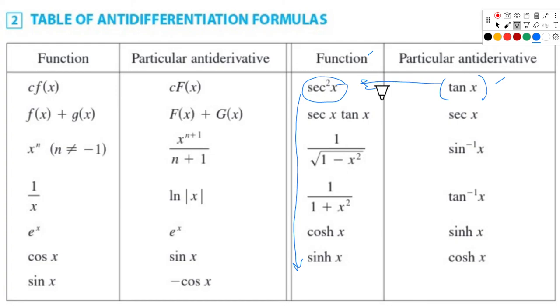In our homework, we're going to see secant squared x, and we're going to be asked to answer that it came from tangent x, right? And with these ones, you might try to think of them as a polynomial function or a quotient rule thing. No, it's got to have come from the inverse tangent. We haven't been doing anything with hyperbolic cosine or hyperbolic sine, so I think we can safely ignore these. That's a section we skipped.